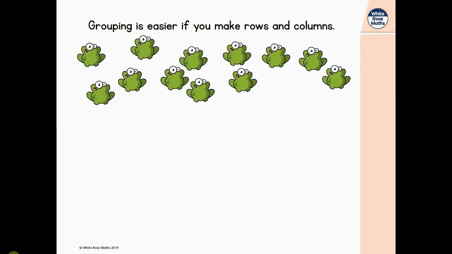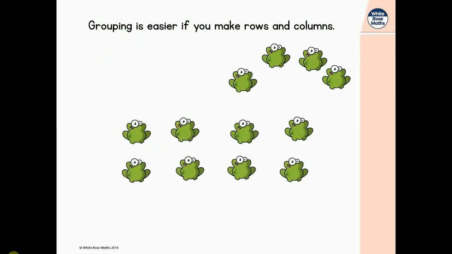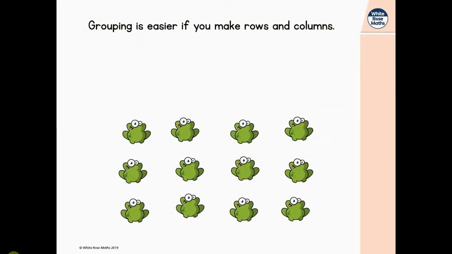Did you know that grouping is easier if you make rows and columns? Right now, these frogs have scattered back all over the place. Let's ask them to get into rows and columns, shall we? Off you go, frogs. Wow, look at them go. Well done. Now, how many groups of 3 are there?